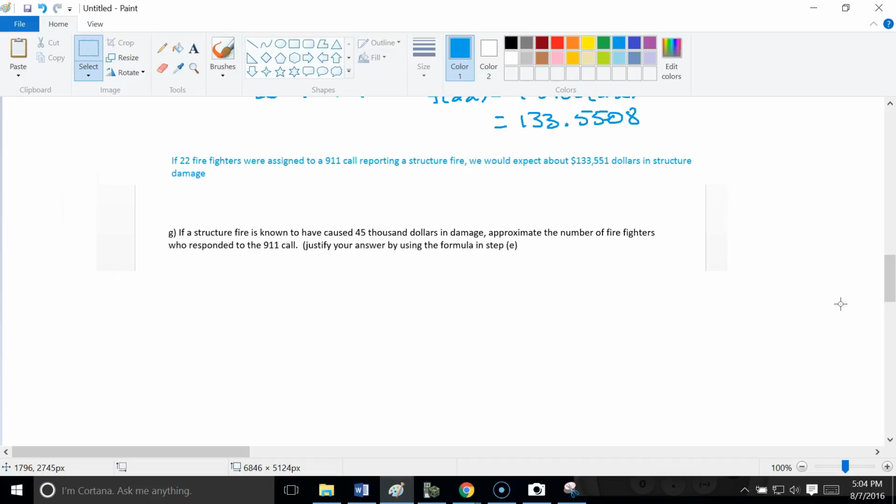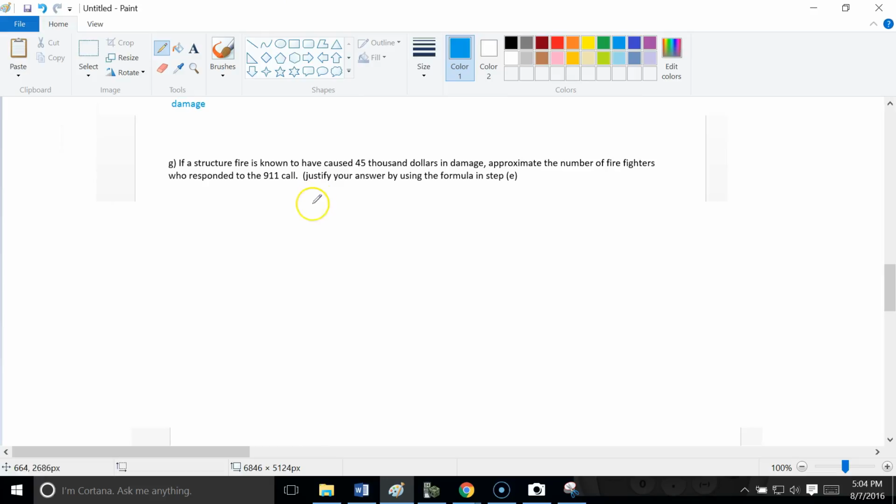So then we're going to set up our equation this way: 45 equals 4.8158x plus 27.6032, and now we do some algebra skills here to solve for x.